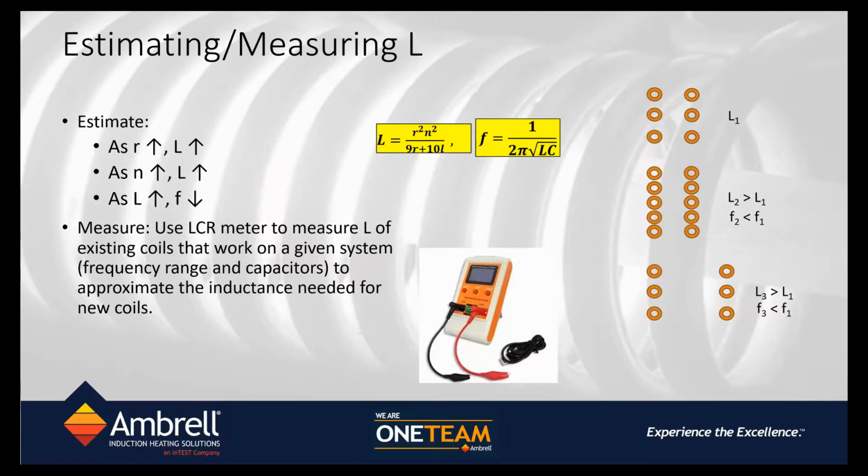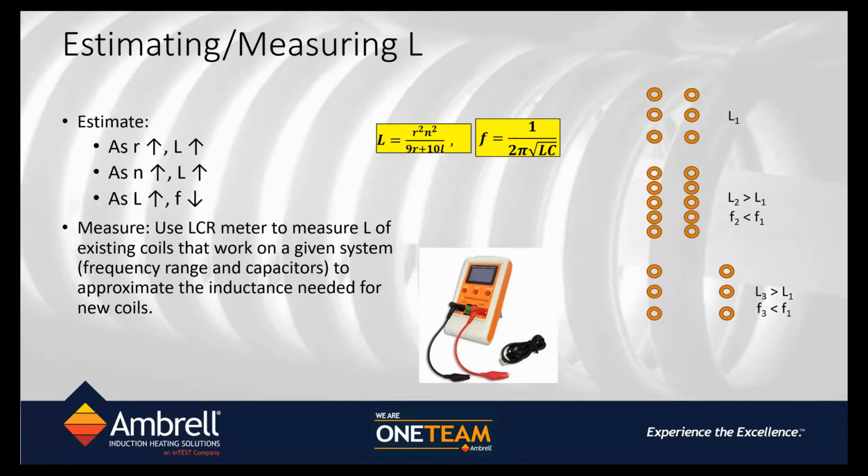The inductance of the coil, like we said, is a function of R. So in this equation in the center, where L is defined as a function of R and L, you can see that as the radius of the coil increases, which means that the windings have more and more inner diameter, the inductance typically increases because R is in the numerator in that equation.